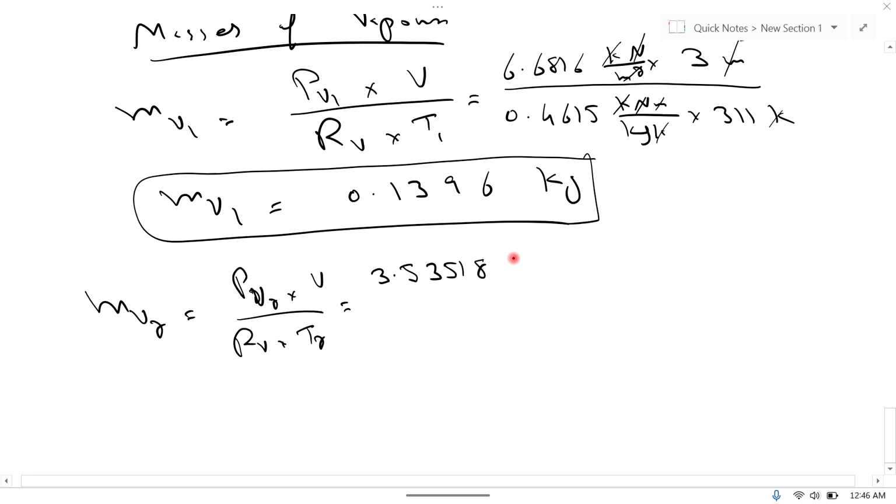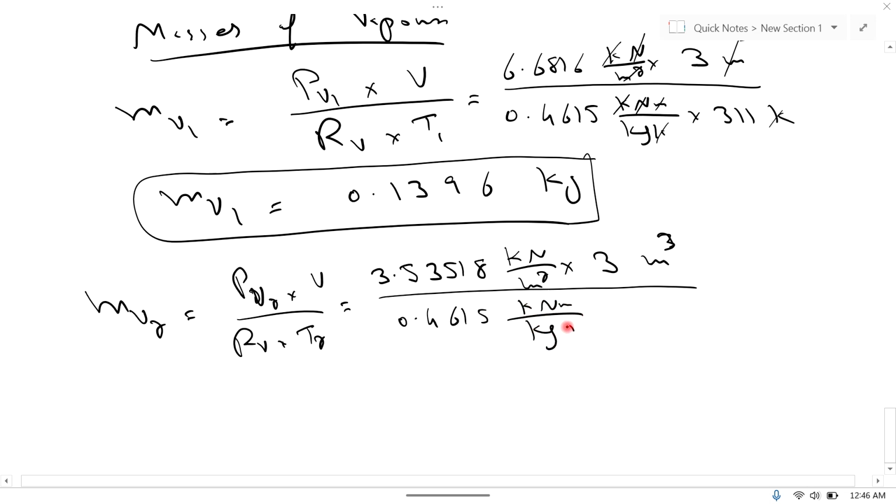So pressure of vapor finally is 3.53518 kilopascal. Pascal is basically equal to Newton per square meter. Volume is 3 cubic meter, divided by RV, which is 0.4615 kilojoule. Joule is equal to Newton meter per kilogram per Kelvin.